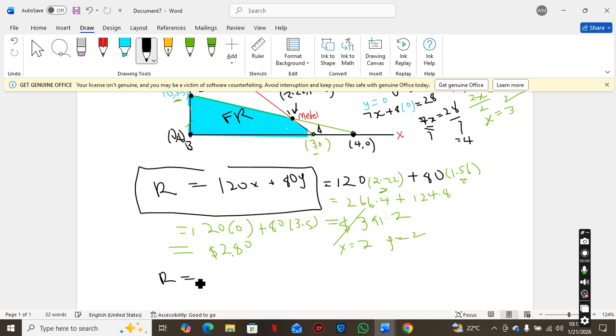R equals 120. X is 3, so where there's x, we put 3. Plus 80y. Y is 0. So 80 times 0, that is 0. 3 times 120, that is $360.